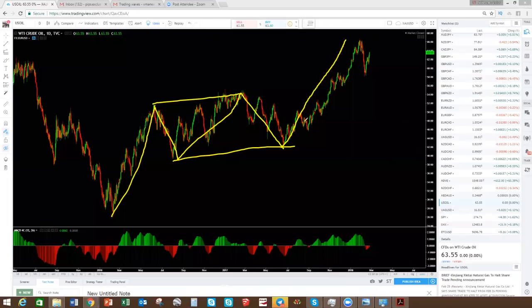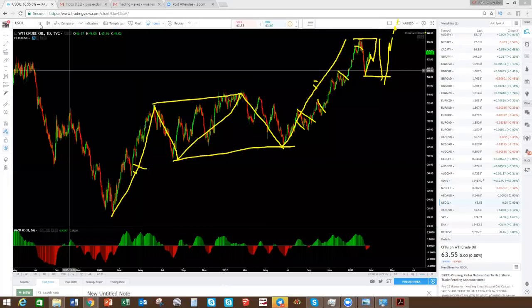So that's why I kept saying, whenever you get corrections like this, keep buying, keep buying, until I wanted it to get to 68, because 68 was the level where this equals that. In any case, it didn't get there. It missed it by $2. Big difference. So we've got a sharp move down, and now you're getting a 1, 2, 3 up. It can come back to this level, come down, and then carry on with the move up. So let's go back to the 4 hour and look at this move here again.